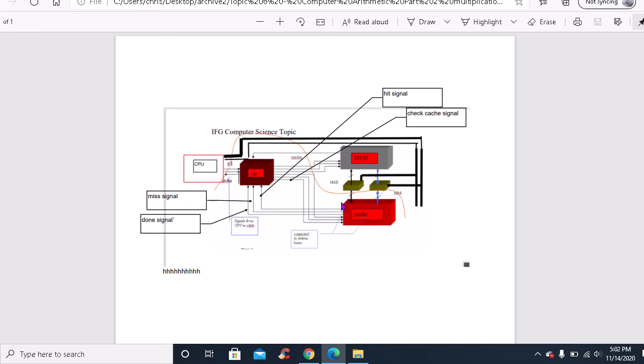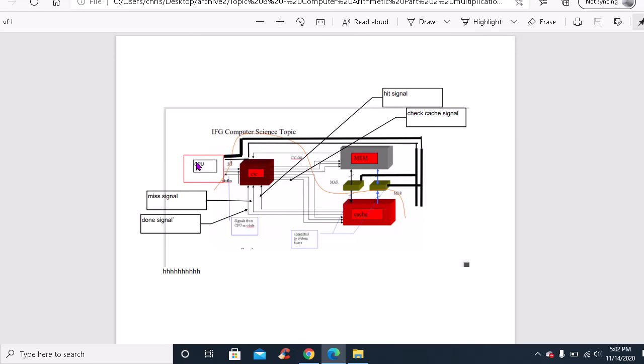This time, the cache is going to reply to the check request with a hit. Yes, I've got a copy. Forget about reading main memory. I've got a copy here, ready and waiting. You can use it. And so the CPU will move the data from this register back into the CPU.